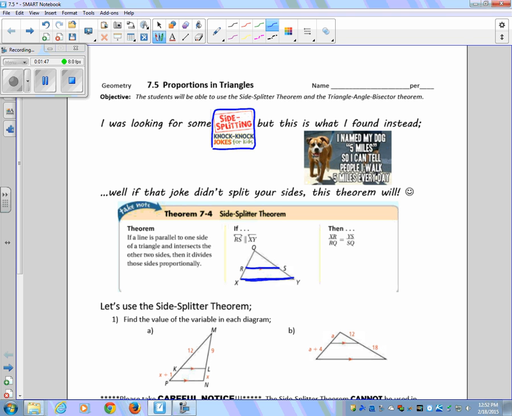That means XR is to RQ as YS is to SQ. They are split proportionally, not congruent. We're talking about proportional. So let's look at a few examples here.